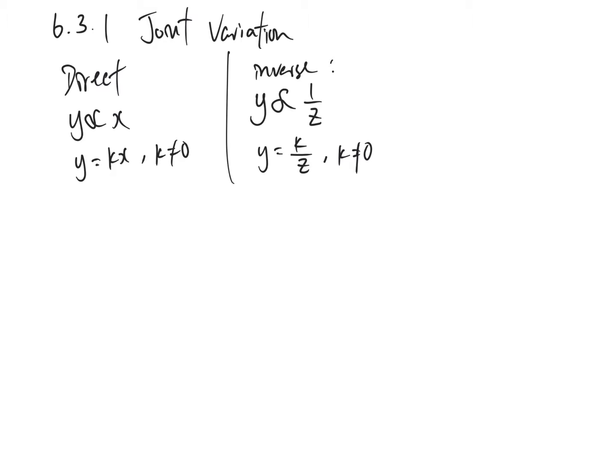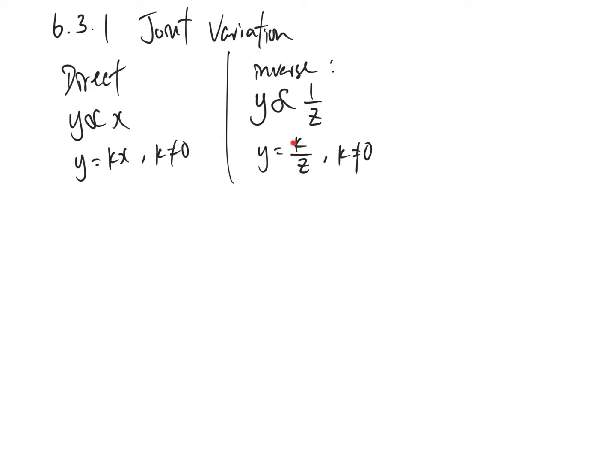But if we pay attention to both kinds of variation, no matter whether direct or inverse, we are just connecting one unknown to another. In this case, we are connecting y to x by direct variation. In inverse variation, we connect y with 1 over z.